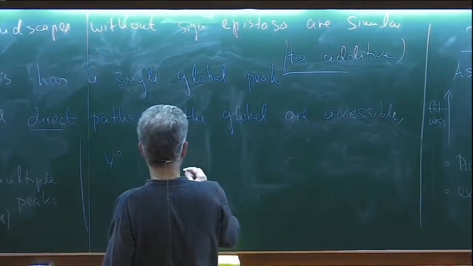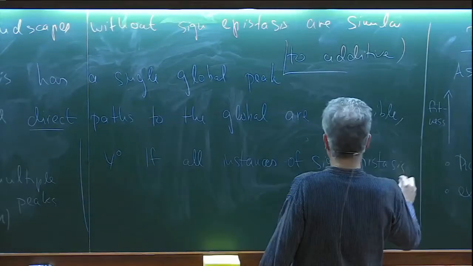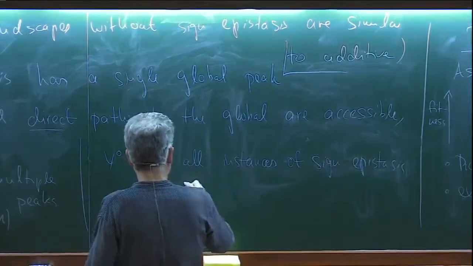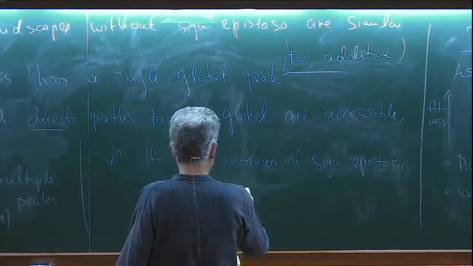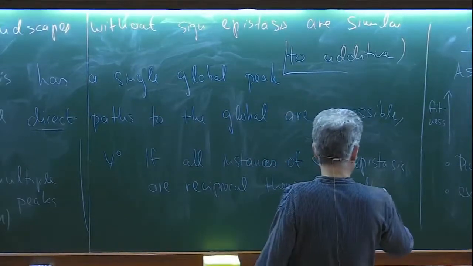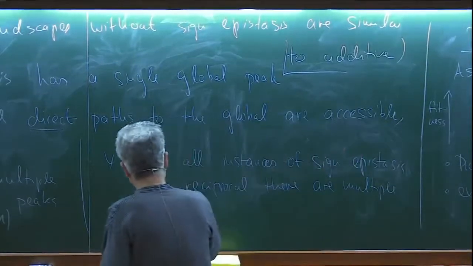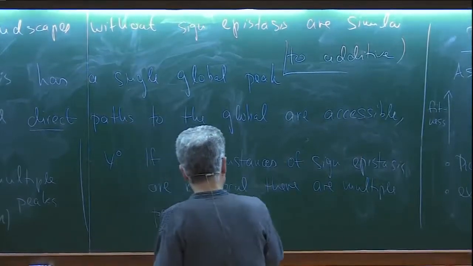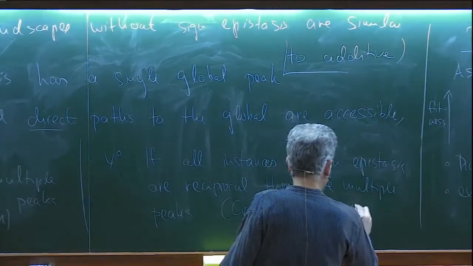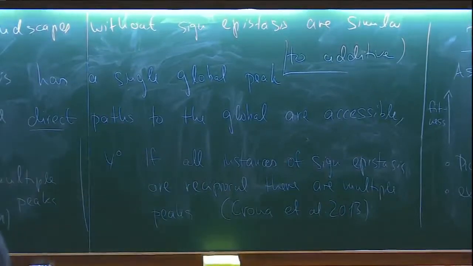Okay, if all instances of sign epistasis are reciprocal, there are multiple peaks. This was proved by Christina Krona and collaborators in 2013.